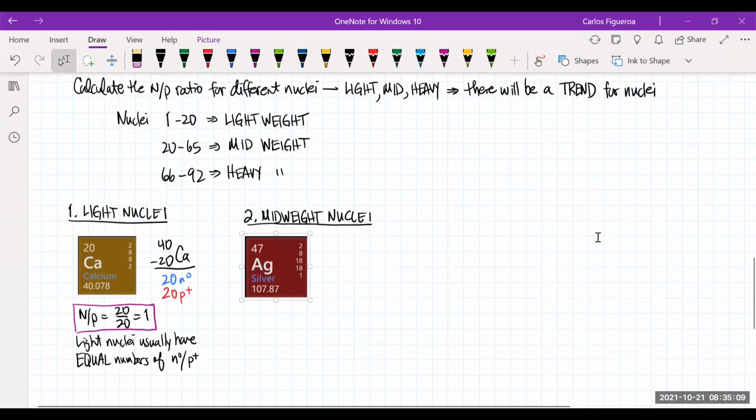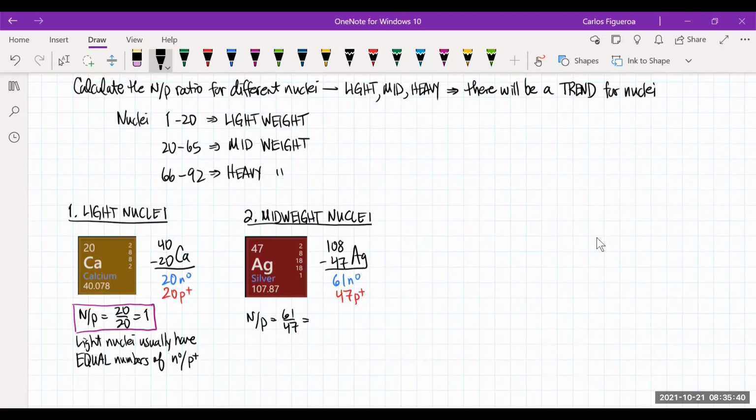Silver is 108, 47. If I calculate the number of neutrons and protons, I get 61 neutrons and 47 protons. Now you're seeing a shift. The neutron-proton ratio is 61 over 47, and that number is 1.3.